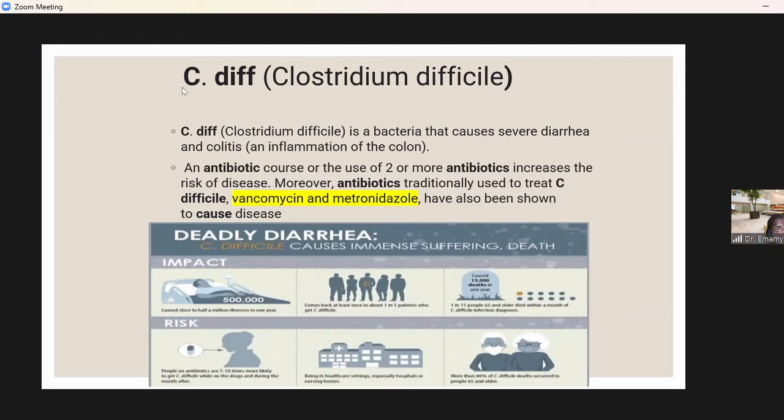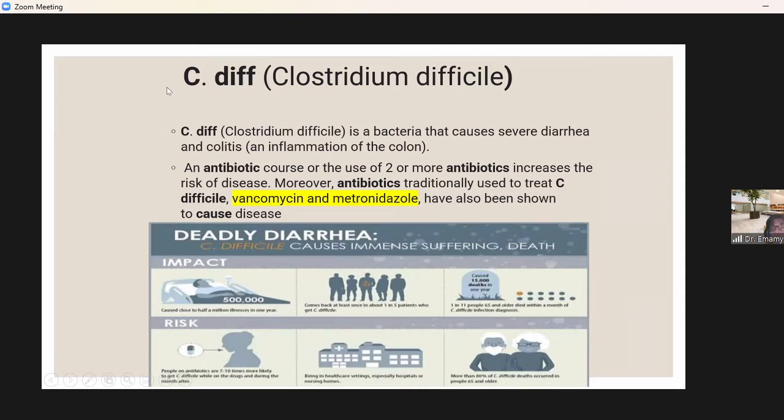What should you do if you are suspicious of Clostridium difficile? You need to hold all antibiotics. So you stop all antibiotics, send the stool culture, and then start vancomycin or metronidazole or a combination of them. And remember, vancomycin PO, metronidazole PO, by mouth. If you give them IV or IM, they are not effective against Clostridium difficile.